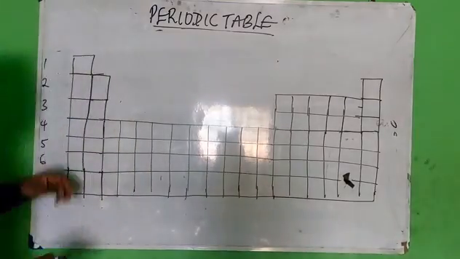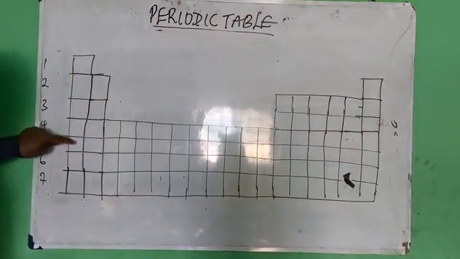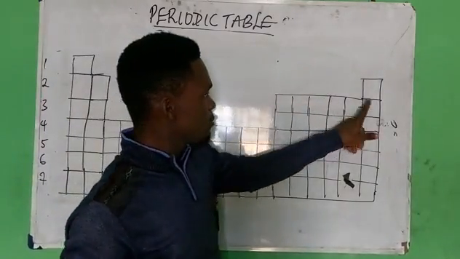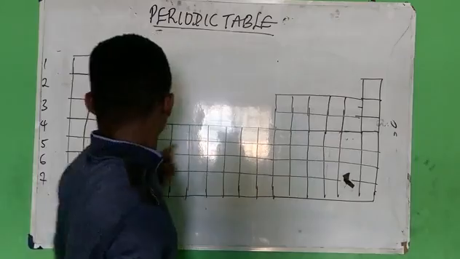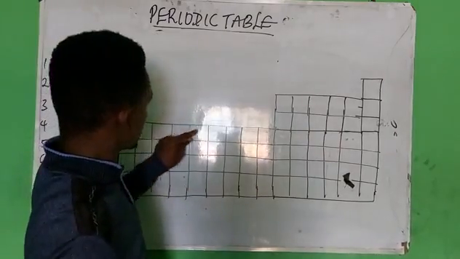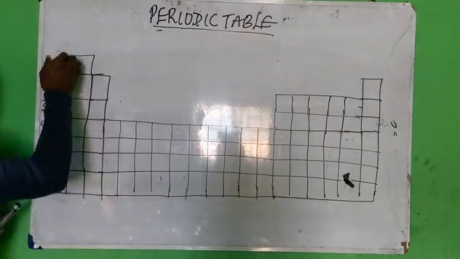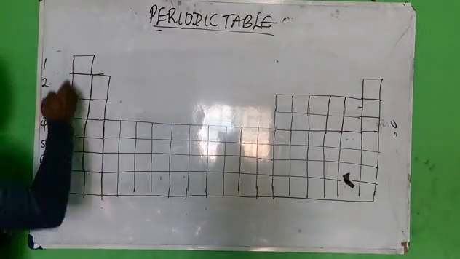Okay. That is, you have 1, 2, 3, 4, 5, 6, 7. Correct. So that is, you have 1 to 7.